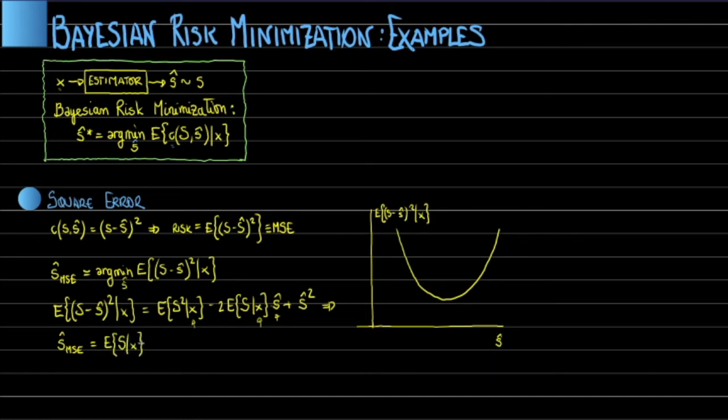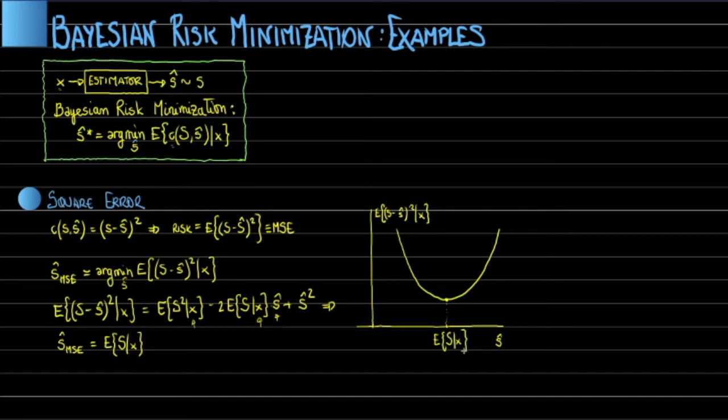Okay? That is, the minimum mean square error estimate is given by the conditional mean. So the value minimizing this function is the conditional mean.